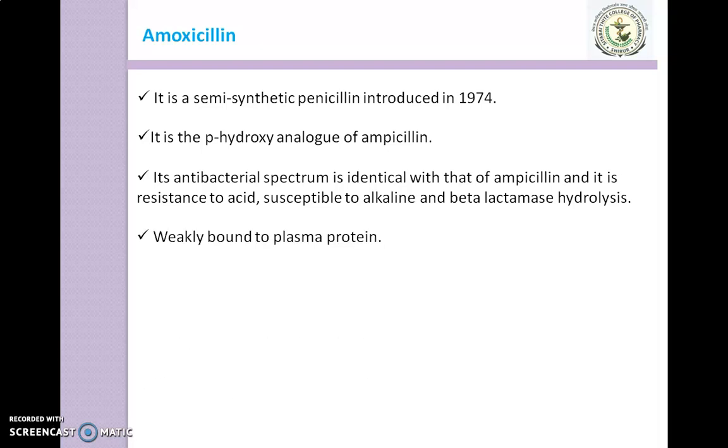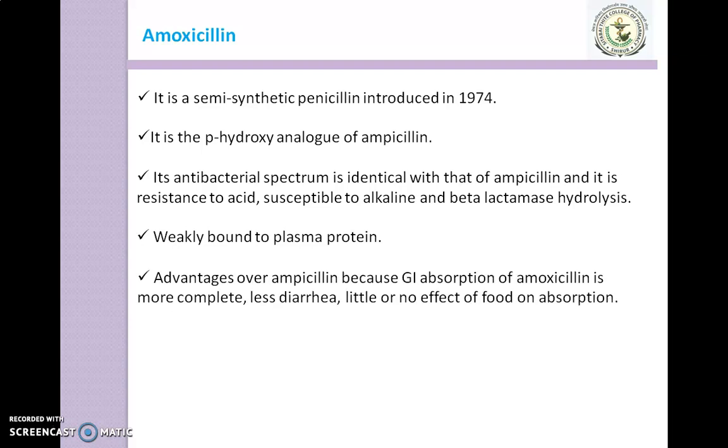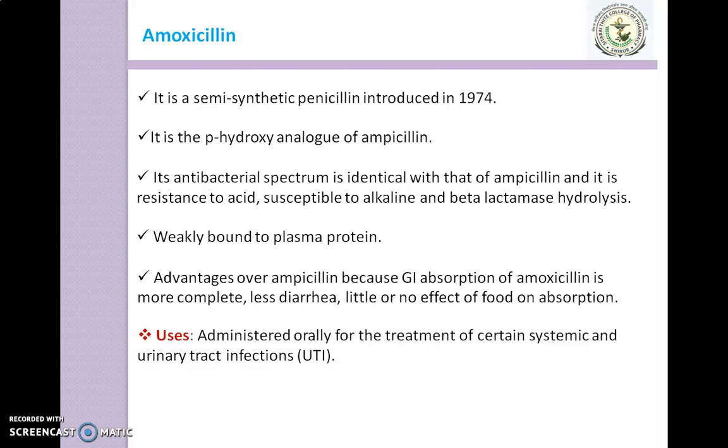It is weakly bound to plasma protein. It is advantageous over ampicillin because GI absorption of amoxicillin is more complete. It produces less diarrhea and has little or no effect of food on absorption.